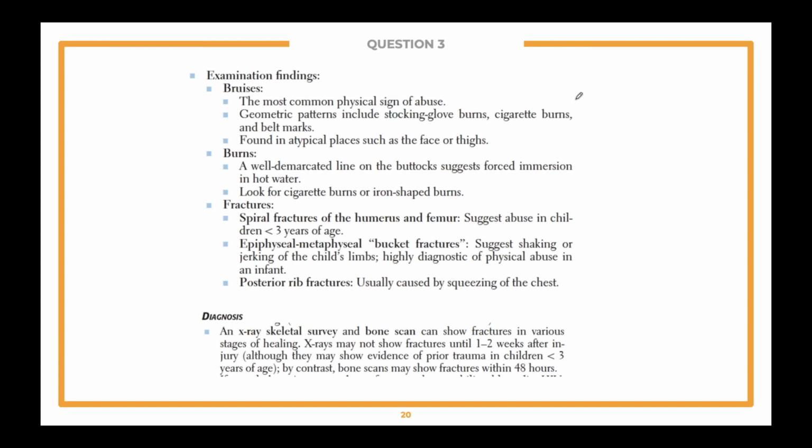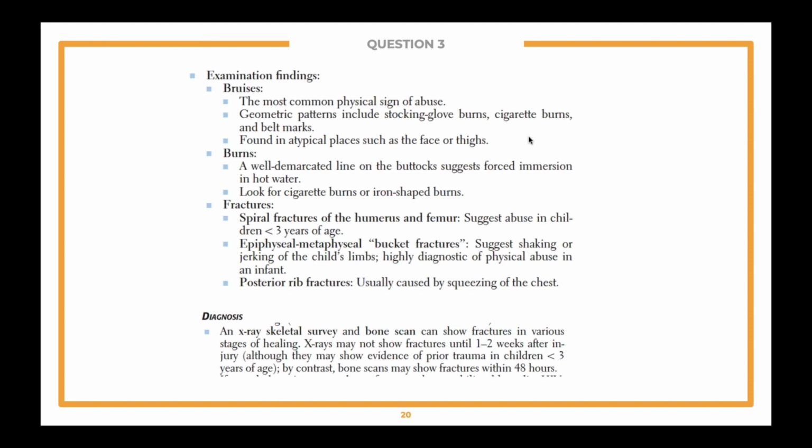Burns or other fractures or even retinal hemorrhages as well, other things to think about when talking about child abuse. So in this case, we would want to get an X-ray skeletal survey to see if there are other old injuries, other old fractures that may not be evident. Okay, so that is what we would want to do next for the diagnosis, for the management of this case.